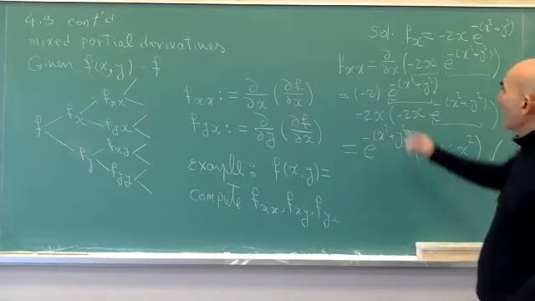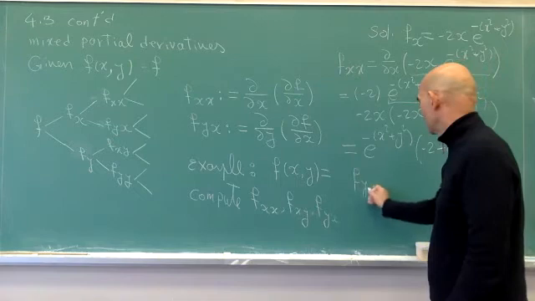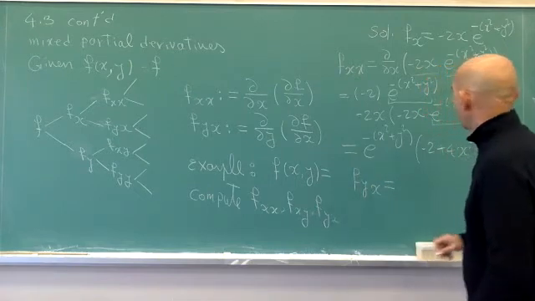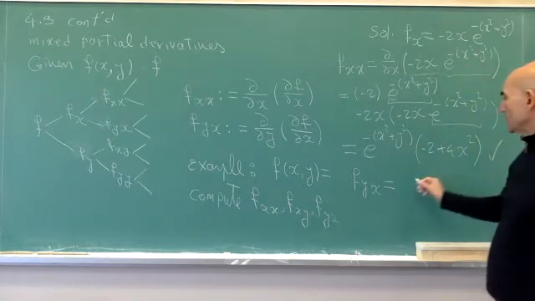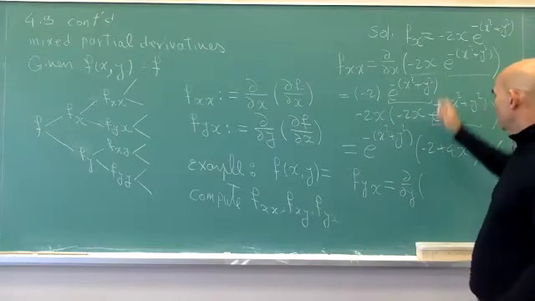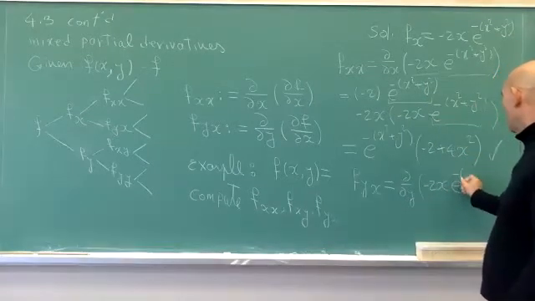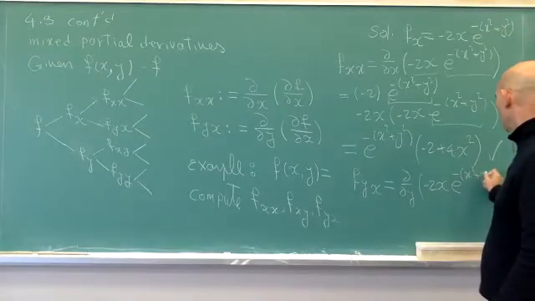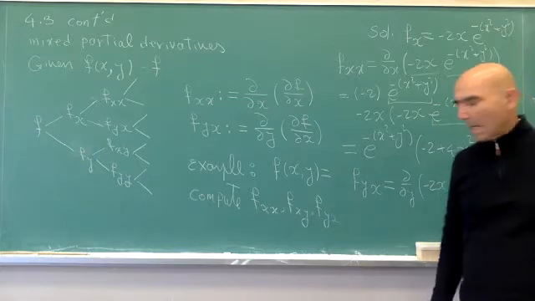Now, what is f sub yx? Okay, now we have to compute the derivative of this guy. So this is d dy of negative 2x exponential of negative x² plus y², right? It's just that one.